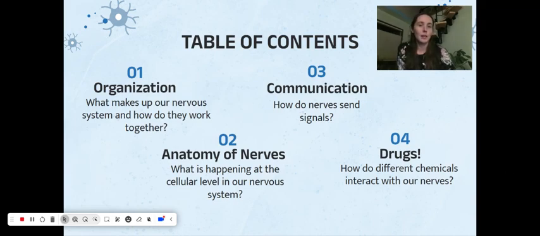This can be in a variety of ways. Specifically, we're going to look at the impact of drugs on our nervous system, drugs that are legal, illegal, and maybe some that we produce ourselves as well.